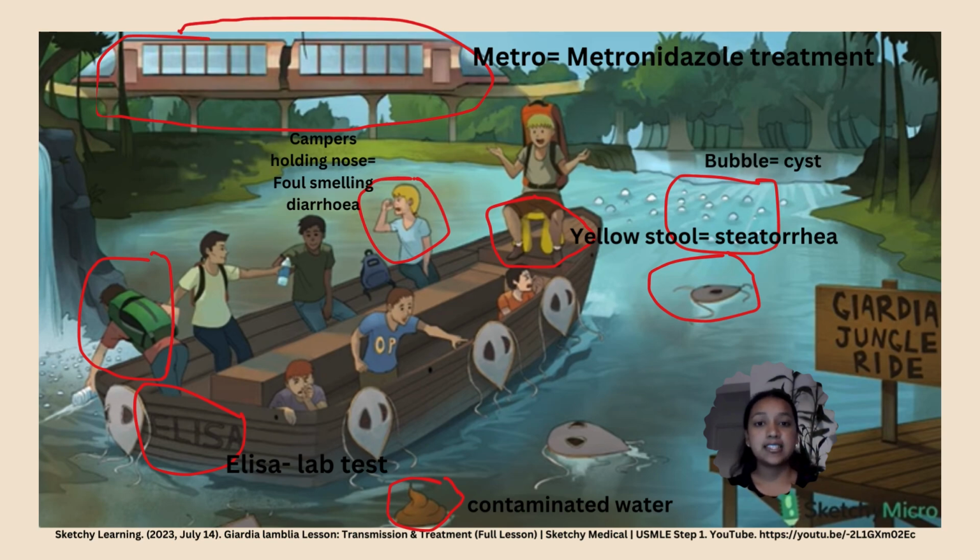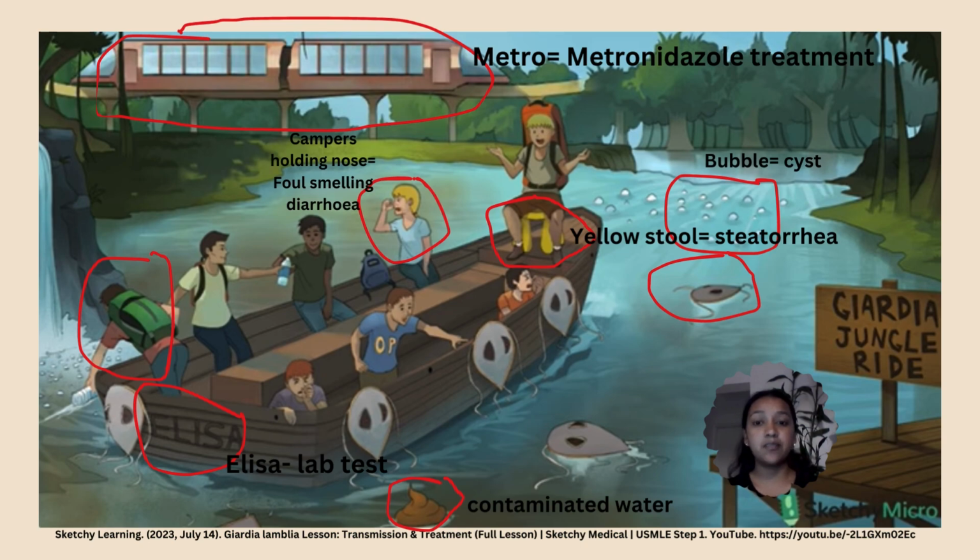Next, the clinical manifestation is shown where campers are holding their noses to indicate foul-smelling diarrhea, and also yellow stool would indicate steatorrhea, which is excess fat in stool, and this is due to the malabsorption of fat.